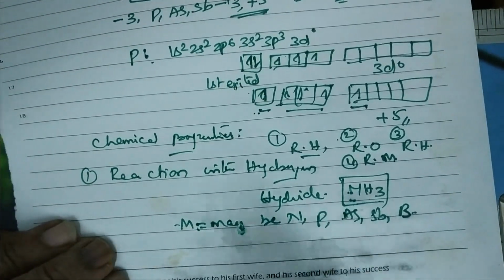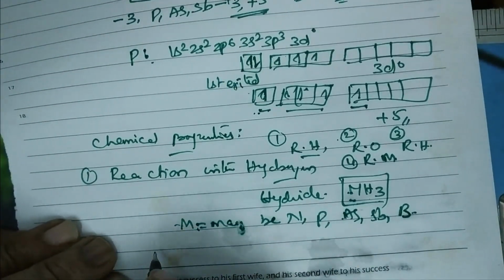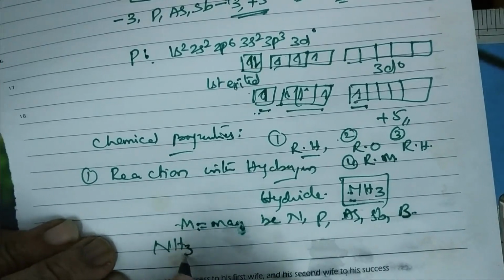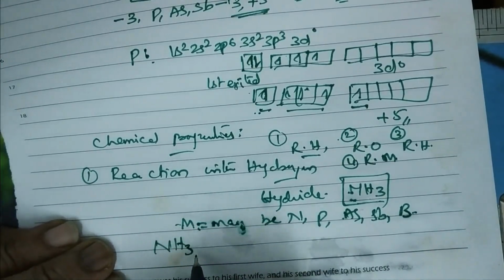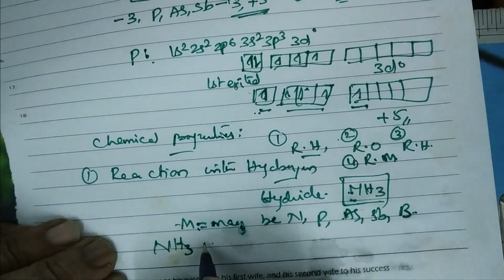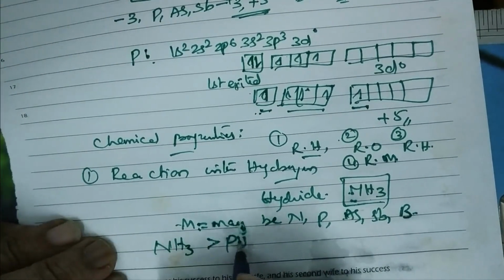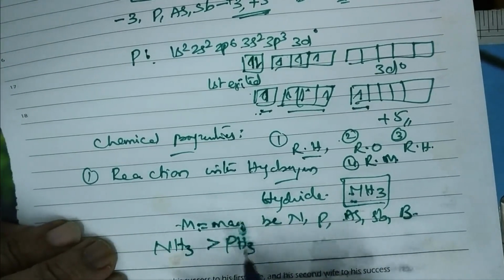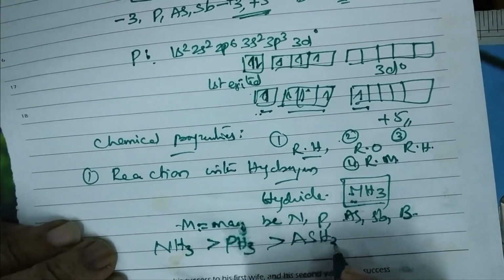Hydrides of these 15th group elements: the first hydride is NH3, called ammonia. It is more stable than PH3, called phosphine. It is more stable than the arsine, AsH3.